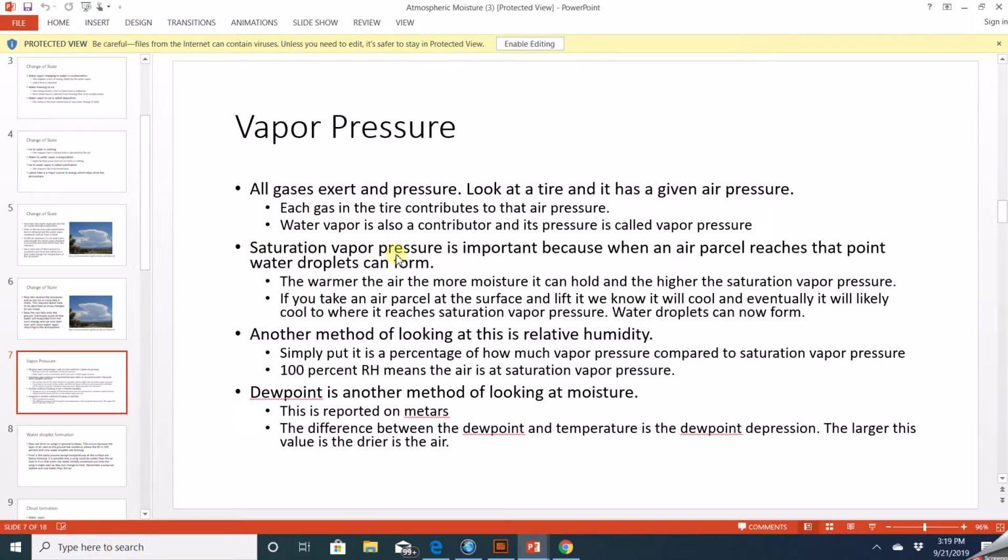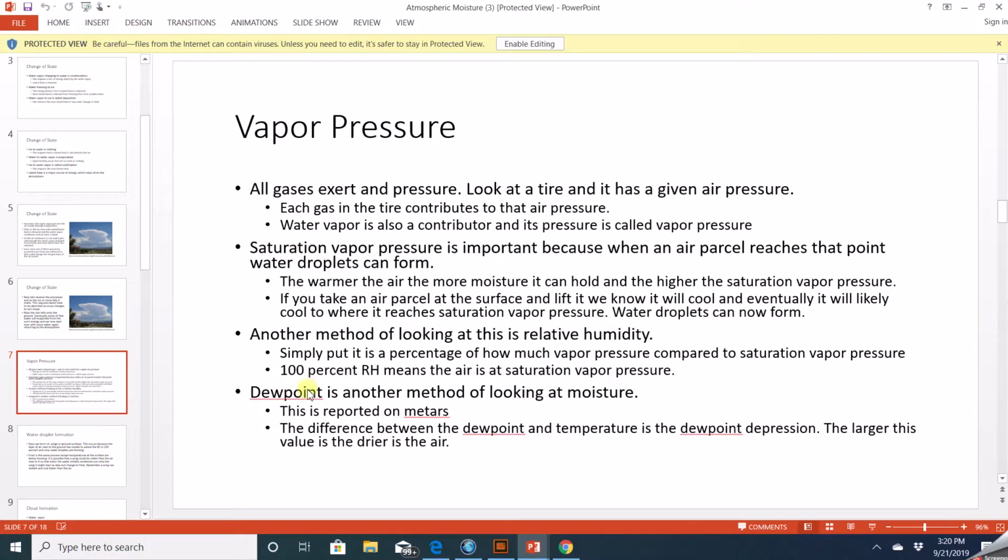Saturation vapor pressure changes with temperature, so the colder it is, the less moisture the air can hold. The hotter the air is, like down in Florida, for example, it can hold a lot of moisture. So the temperature at which it's going to become saturated will be much higher in Florida than it would be, say, in West Virginia in the middle of winter.